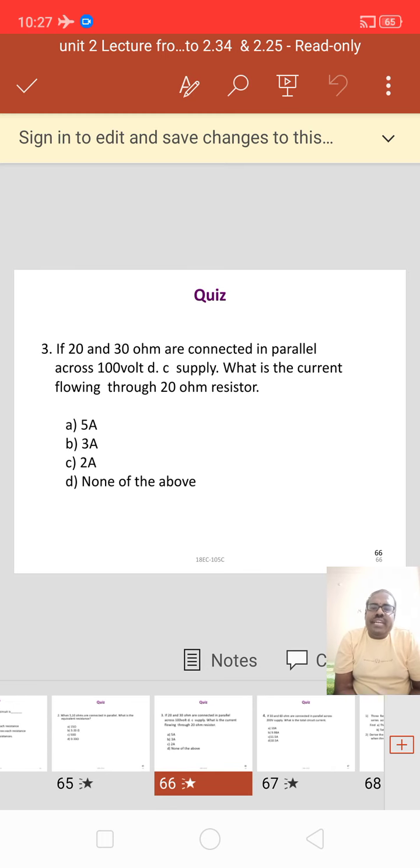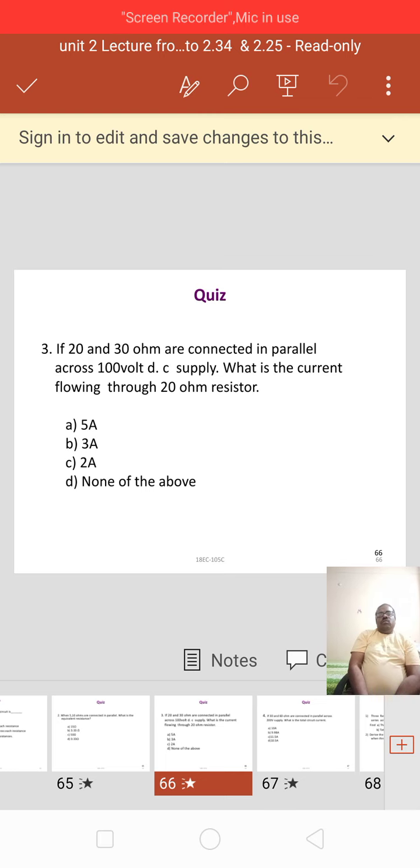Now, if 20 and 30 ohms are connected in parallel across a 100 volts DC supply, what is the current flowing through the 20 ohm resistor? A is 5 amperes, B 3 amperes, C 2 amperes, D none of these.